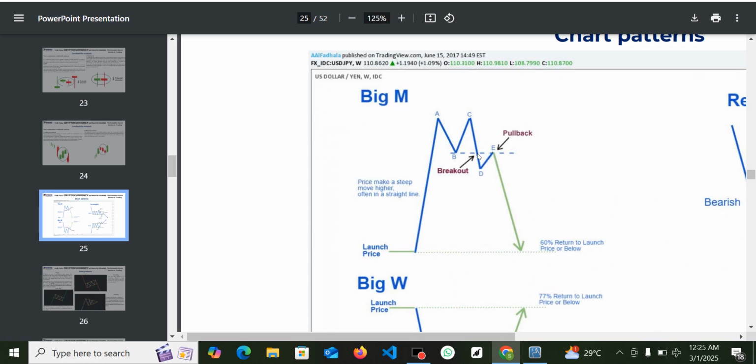Because right here is a breakout and it got to this point, it had a pullback just the way you have seen it, but it's not going to break out above this resistance zone, because this support zone has turned out to be a resistance zone after this breakout. So right from there, we should expect a very long selling opportunity, because it is a big M. So it transformed from a small M into a big M.